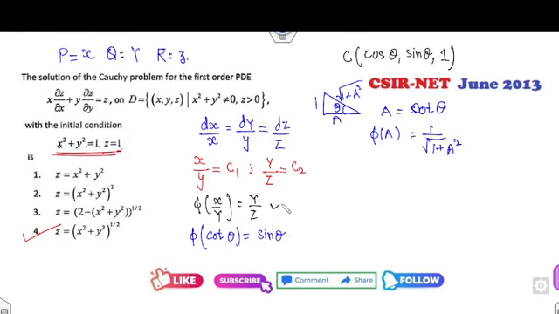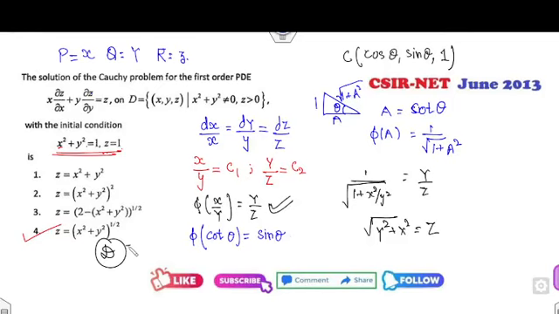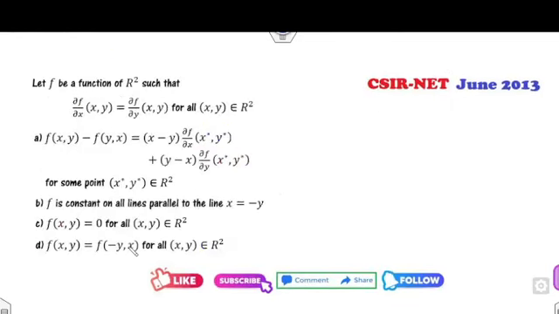So substitute this value into phi. So phi of x over y is x square over y square, plus y over... So you can take the LCM, y will be cancelled out. It is y square plus x square is z. Again, you can see D is my right answer.